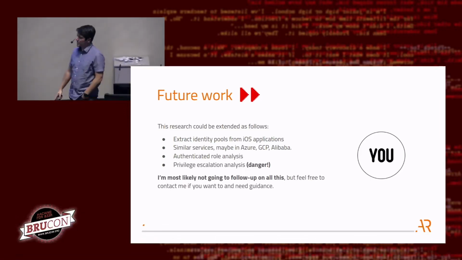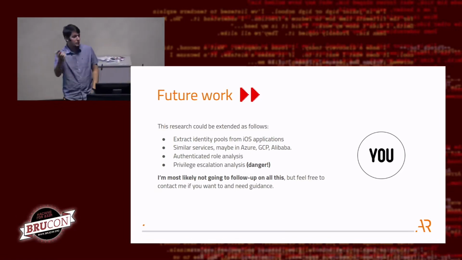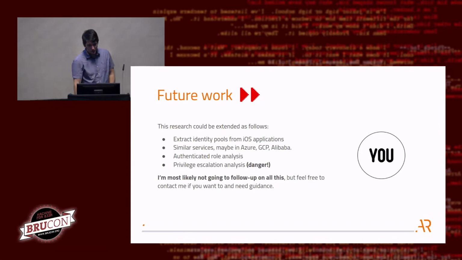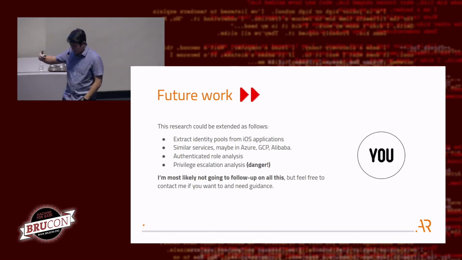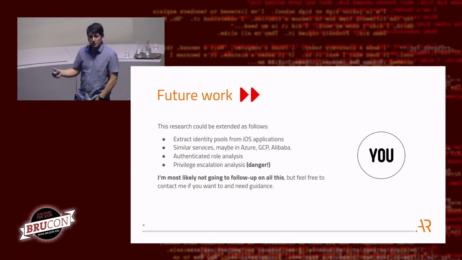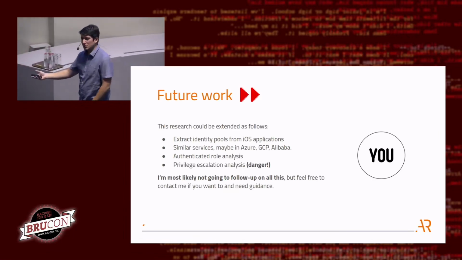Also, you could try the authenticated role analysis, doing the same but with the authenticated role. And you could potentially do some privilege escalation analysis. Try to answer the question, how many accounts can I own through Cognito misconfigurations?